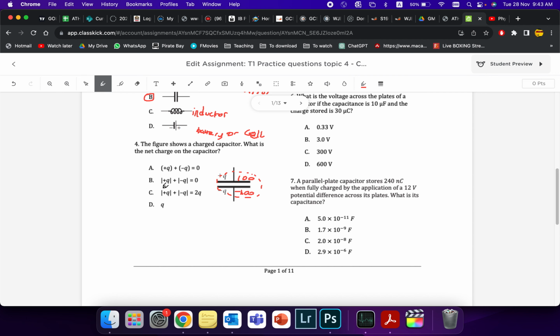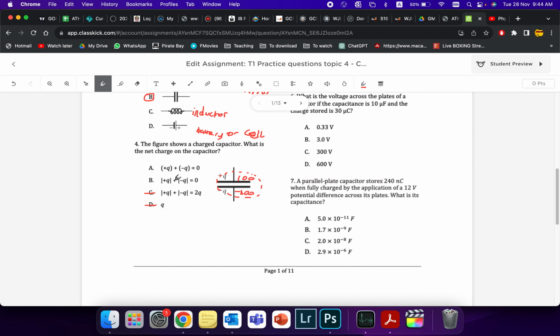Now, looking at that, so 2Q is wrong. First of all, this is totally wrong anyway. Plus this minus the magnitude of this, that would actually give you 0. So that is wrong anyway. If this was 0, that could have been correct. Q is also wrong. These 2 are the only options we have. This is the values. This means magnitude only. So we're not talking about the magnitude only.